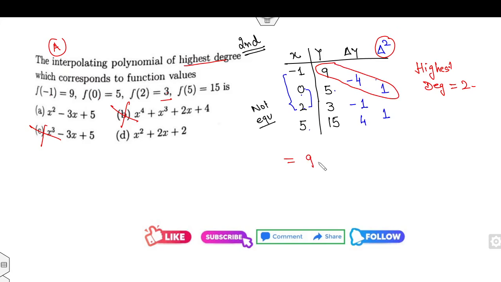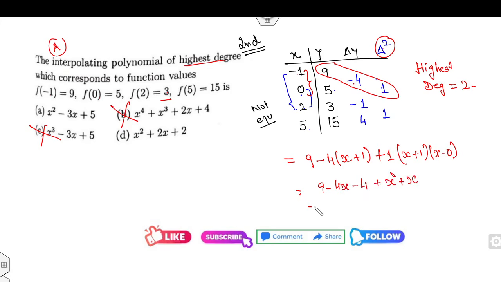The first number is 9, then minus 4, x minus, then the first number is 1. Because the degree is 2, I have taken the first two pairs, x plus 1, x minus 0. If you open this bracket, you will get the same answer as I obtained in the first method. That's x square minus 3x plus 5. A is the right answer of this problem.